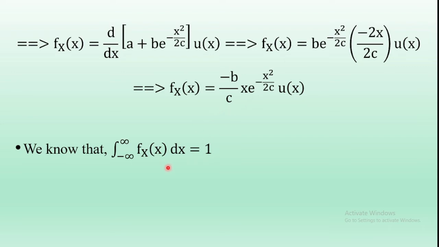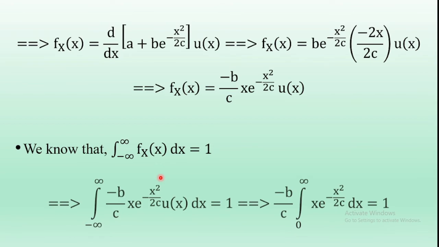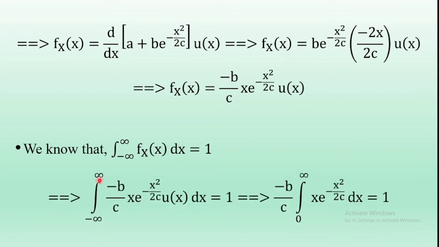Substitute this density function value into this equation, we get the integral from minus infinity to infinity of minus b by c into x into e power minus x square by 2c into u of x dx, where u of x is a unit step function. From the definition of the unit step function, u of x is equal to 1 for x greater than or equal to 0.